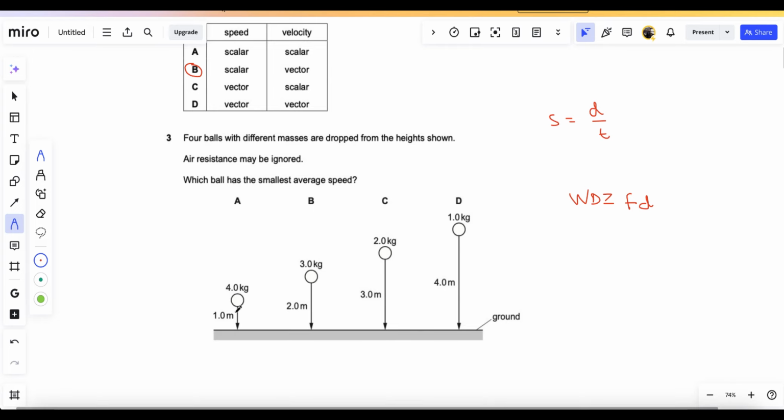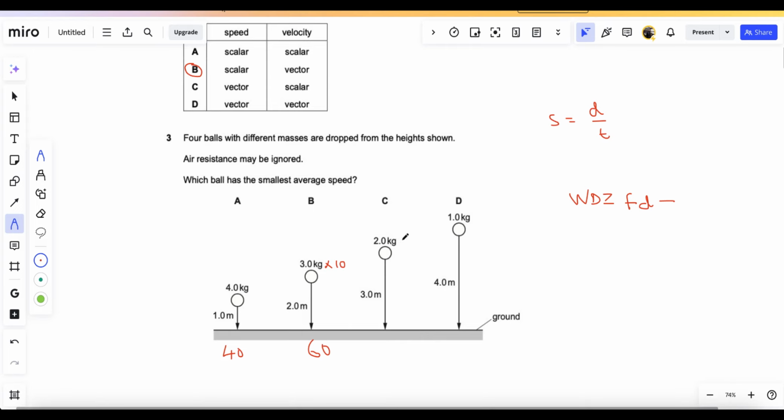The work done by the first one will be 40 times 1, which is 40 Newton meter. This one will be 30 times 2, which is 60. To get the force, you must multiply by 10.